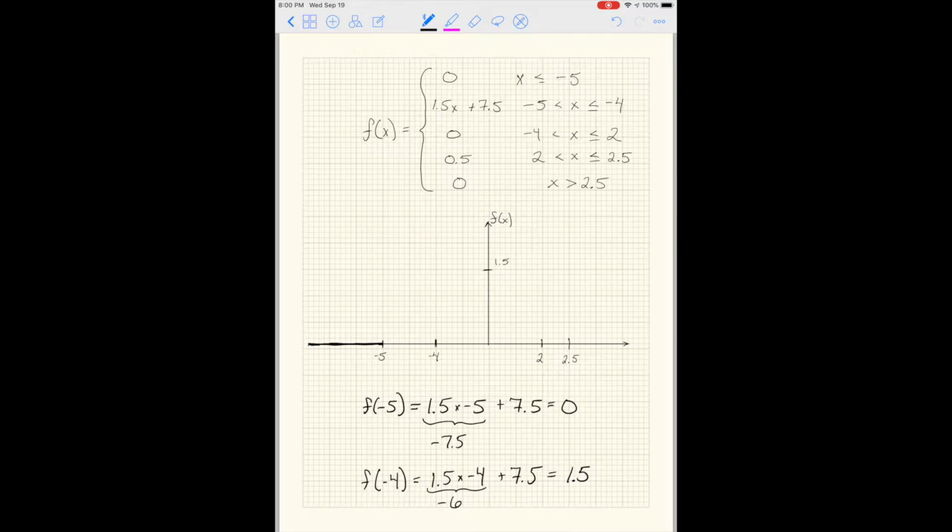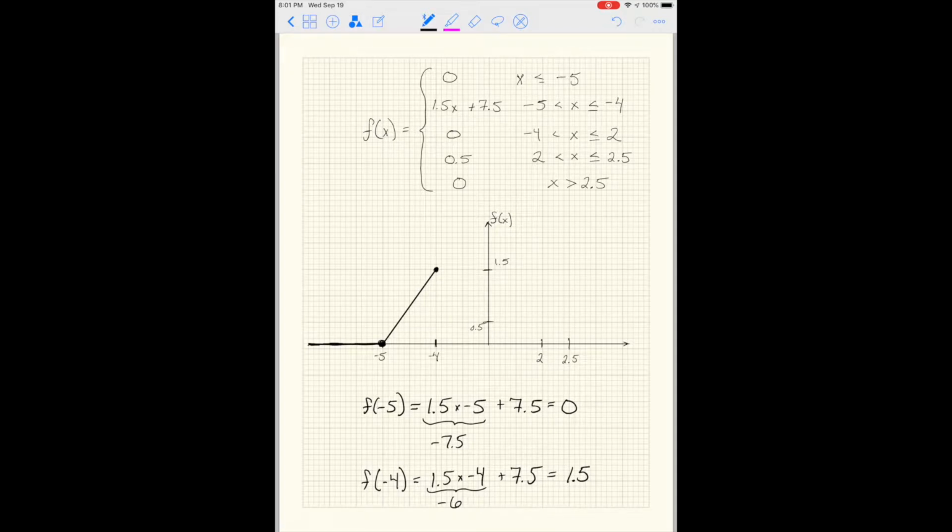And I know I'm going to need 0.5 later, so maybe I'll put 0.5 down here. And so I know that at -5, I'm going to be down here, and then at -4, I'm going to be up at this corner. And then I see that it is 0 in between. So then what I'll do is just connect those like so.